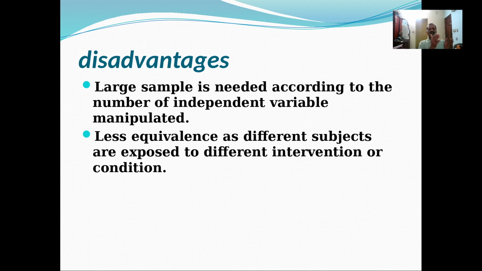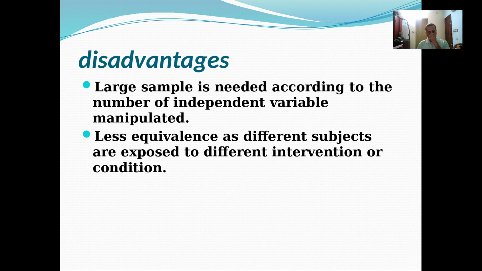Here we need a large sample for temperature, another large sample for lighting, etc. So a large sample is needed for factorial design. Again, there is less equivalence as different subjects are exposed to different interventions or conditions. For example, one group we are using for testing temperature, entirely another group for testing the lighting. So there can be less equivalence.